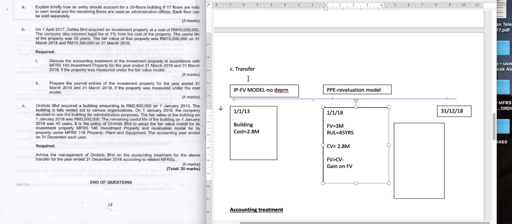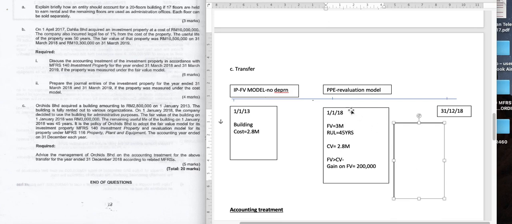Because previously this is IP, so the difference will be gain. If the building previously is PPE, then it is a surplus, but this is IP, so we use the term suitable for IP, that is gain on fair value. So the difference is 3 million minus 2.8, so that will be 200,000.